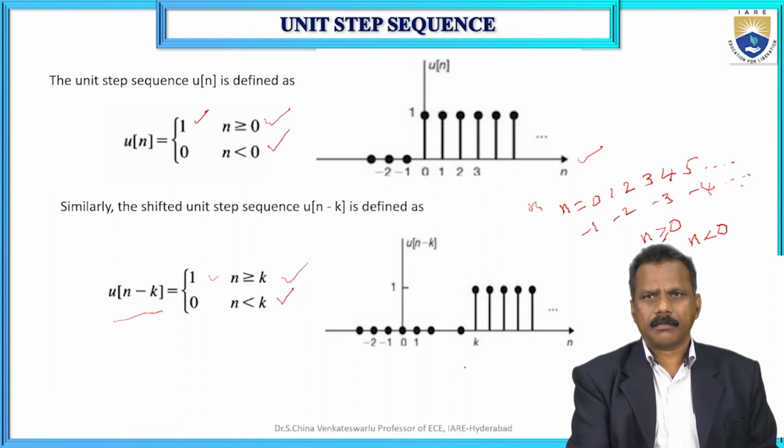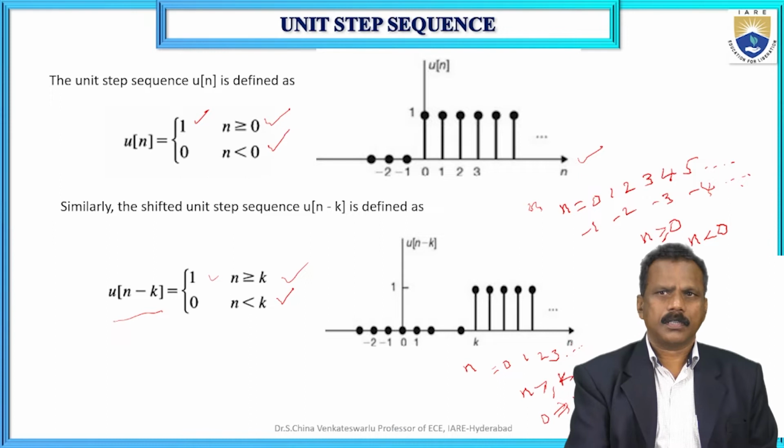Here also n takes the values 0, 1, 2, 3 and so on, and u[n minus k] is 0 when n is less than k.